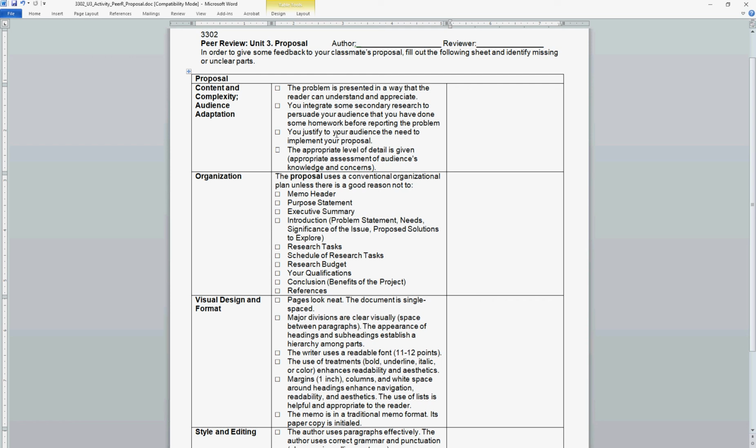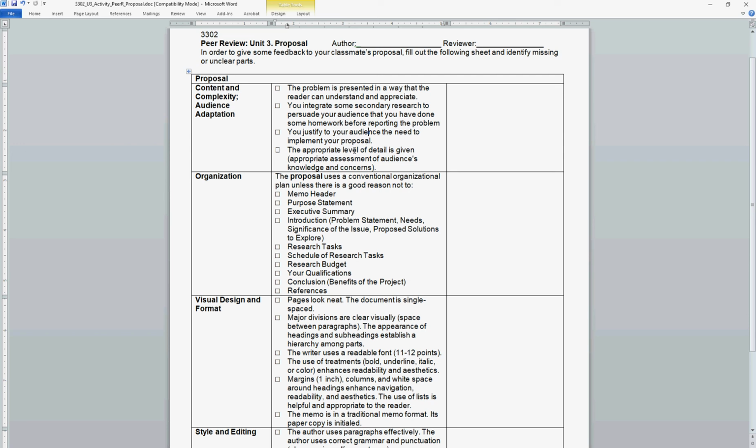Okay, you integrate some secondary research to persuade your audience that you have done some homework before reporting the problem. If you do this is okay, but if you do not, since this class is online, I'm being a little lenient with requiring that you are putting in secondary research at this point.